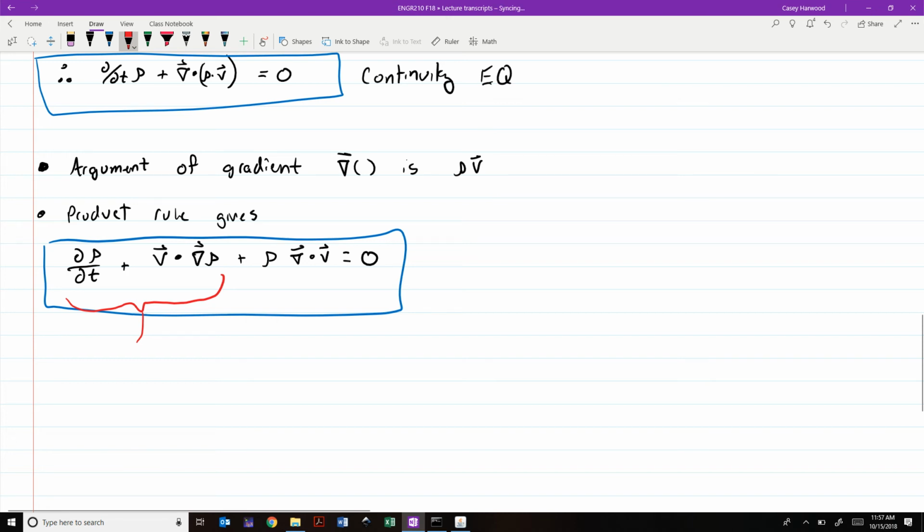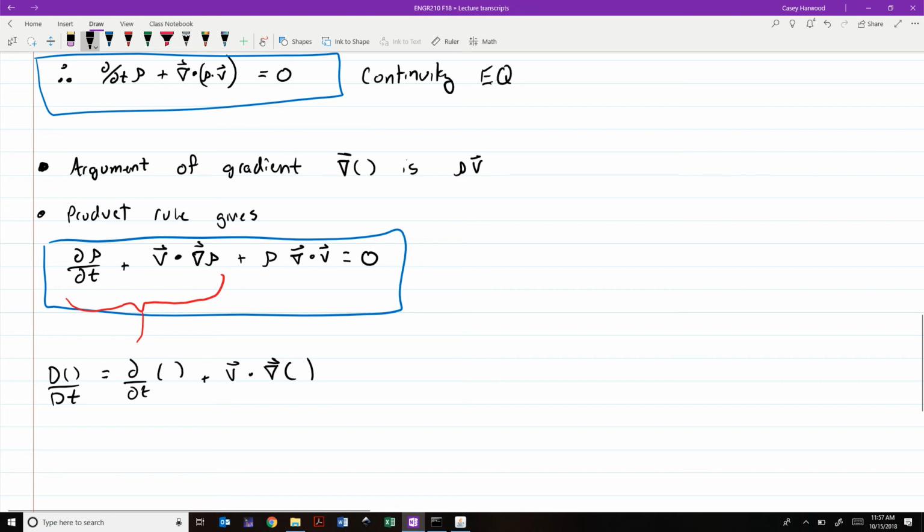We talked about the material derivative. We said that big D something dt is equal to d/dt of that something plus v dot grad of that something. This is the definition of the material derivative.